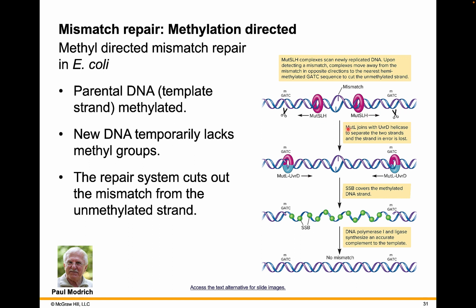So now the recognition is done by MutH, where these methylations are, and then MutL and UvrD separate the two strands, and it nicks where the closest methylations are. So the part of the daughter strand in between the two methylations is removed.